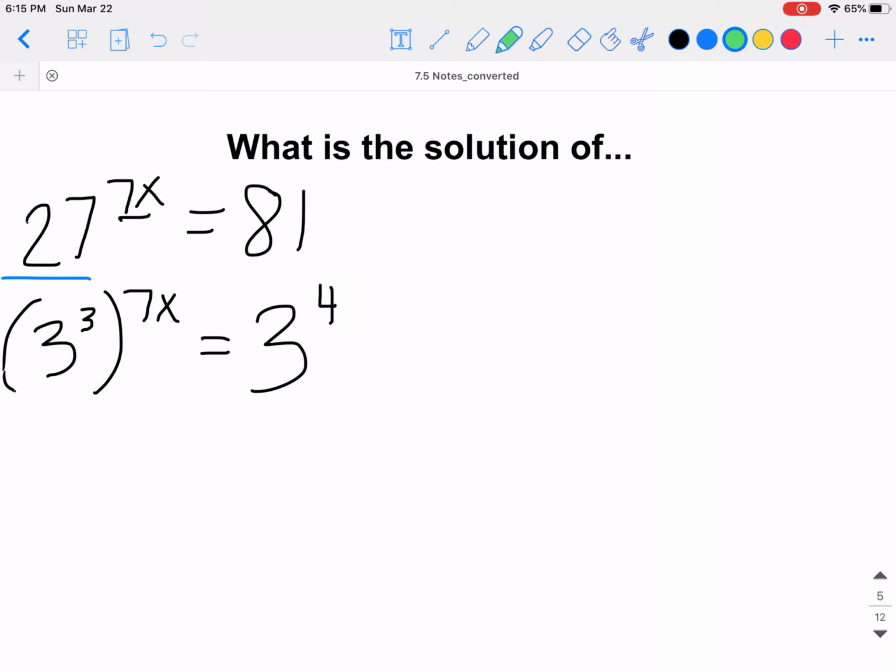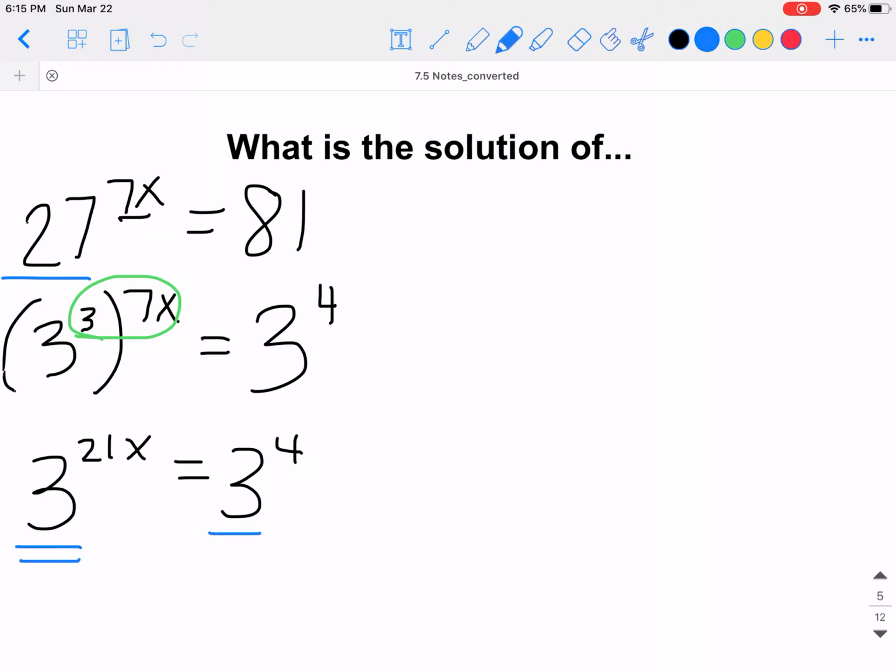Before we can create our equation, we have to simplify our exponents. We have power raised to another power, so by the power rule, we're going to multiply our exponents. So we have 3 raised to the 3 times 7x is 21x equals 3 raised to the 4th power. Now that we have a common base, 3 and 3, we're able to set our exponents equal to each other to solve.